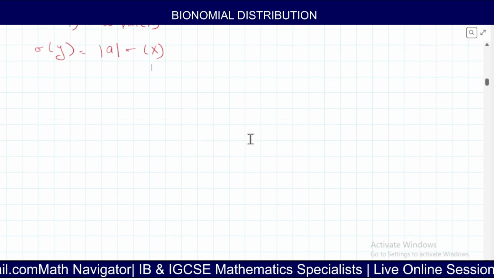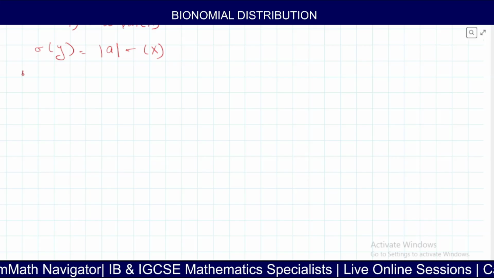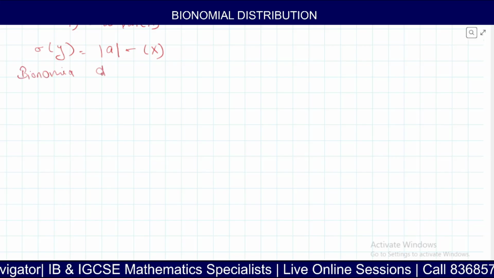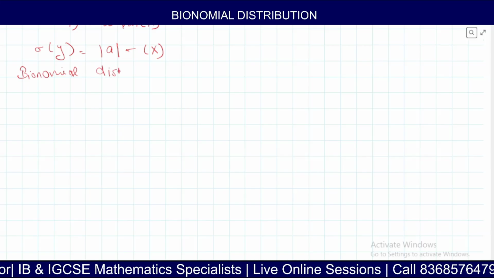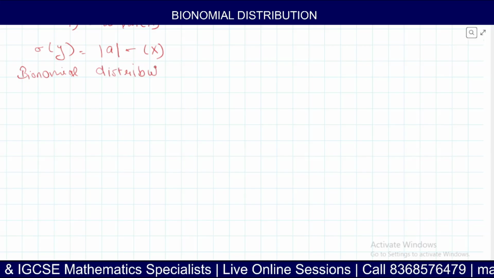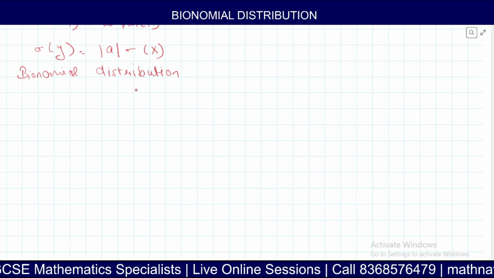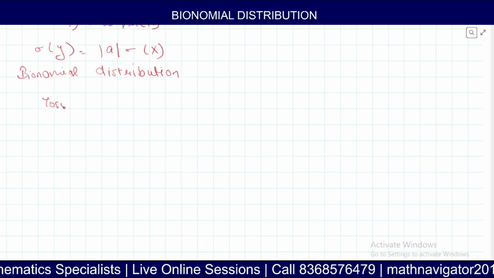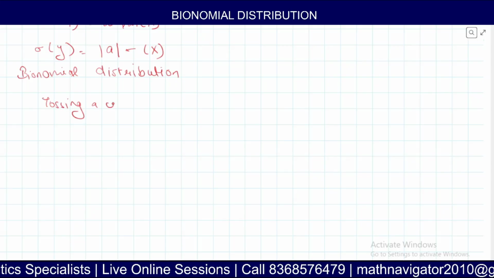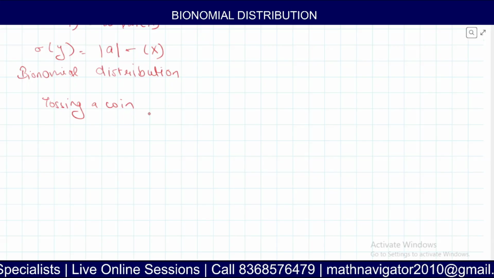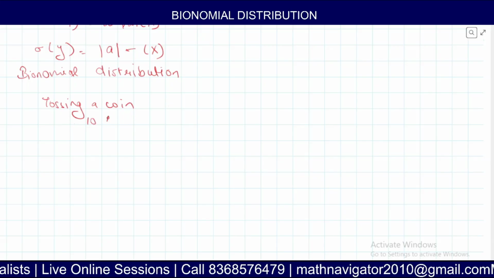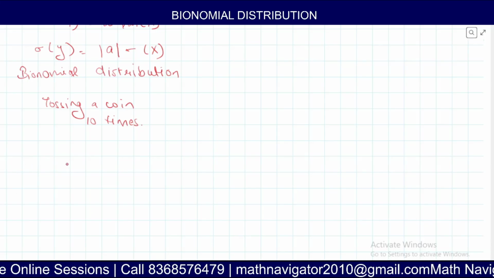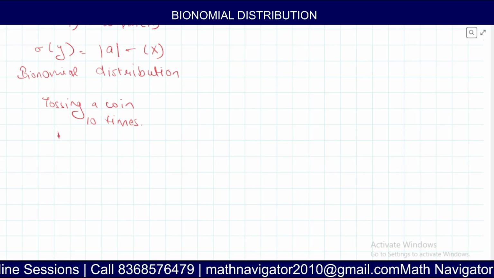Another main topic which we want to do today is binomial distribution. What is the use of it? I'll give you a very simple example. Let's say I'm tossing a coin 10 times, and I want to get heads.